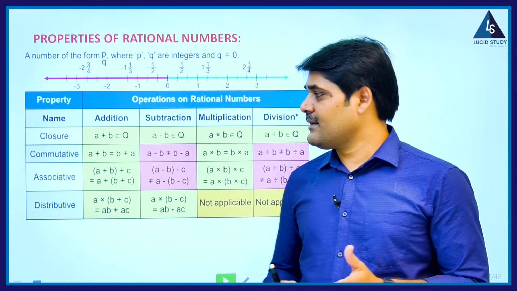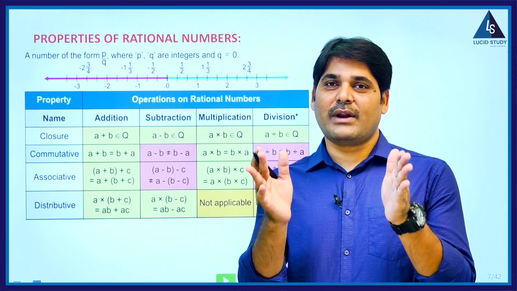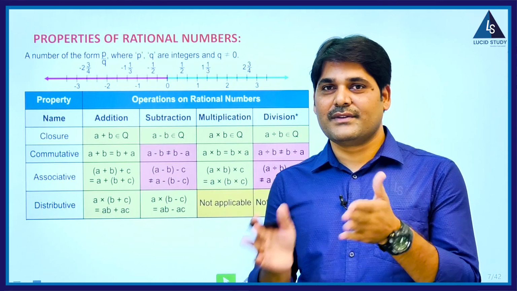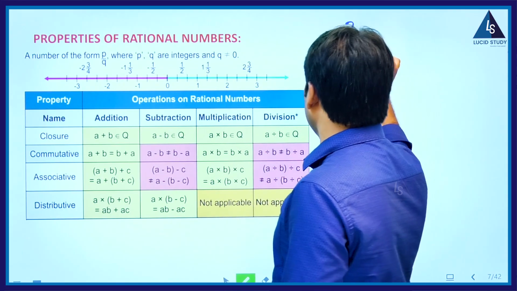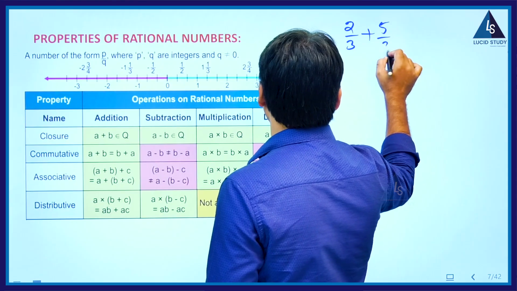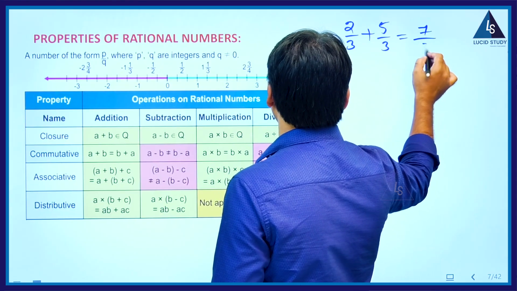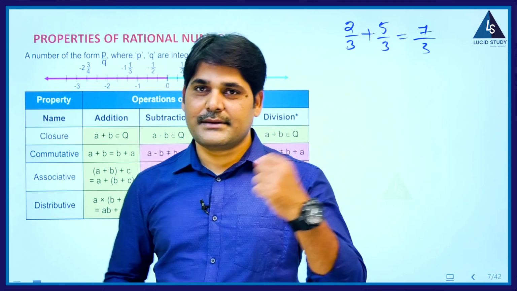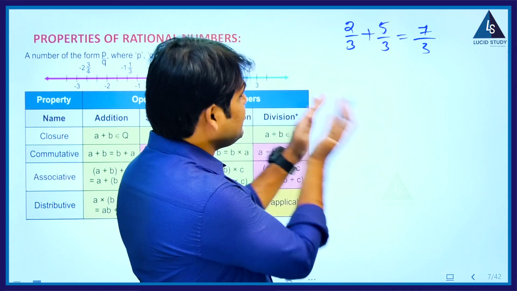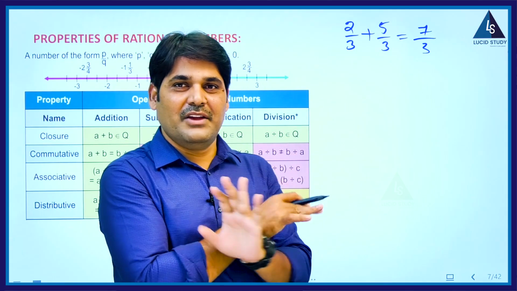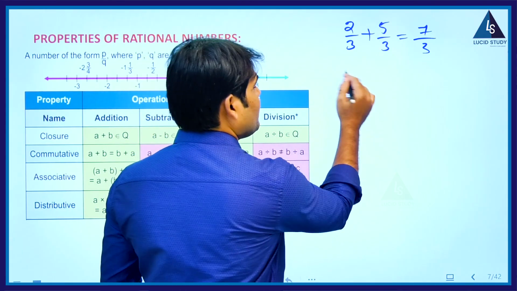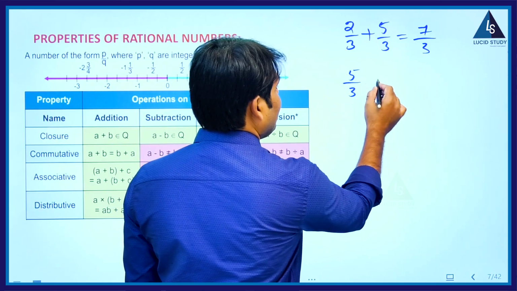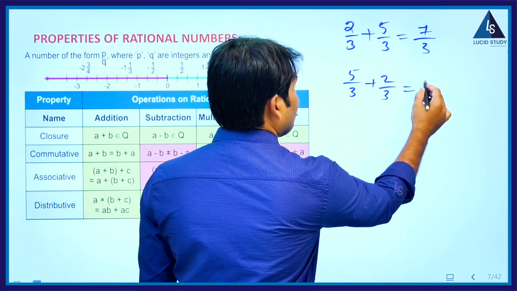Commutative property is nothing but this. See, if you add two rational numbers in one order, suppose I add 2 by 3 plus 5 by 3, the answer will be how much? It will be 7 by 3. Am I right? Suppose I change the order while addition, 5 by 3 plus 2 by 3, what is your answer?